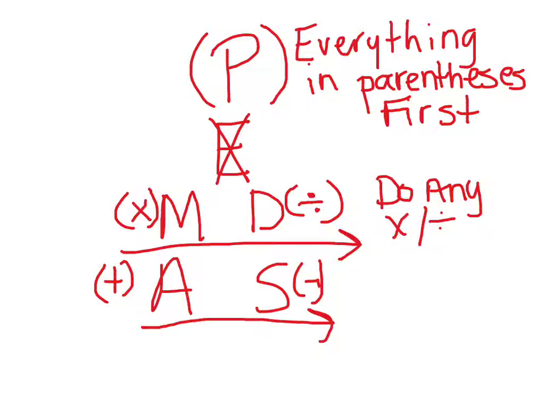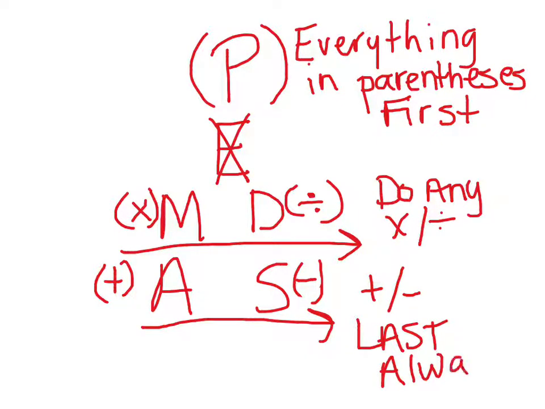Which means all multiplication and division should be completed, and all you should have left is addition and subtraction. So always your last operation should be addition or subtraction, no matter what the question is.